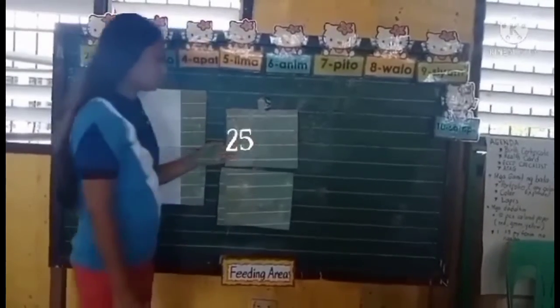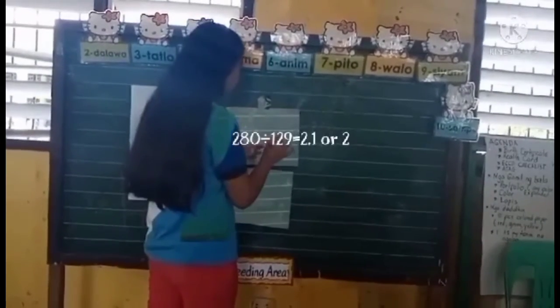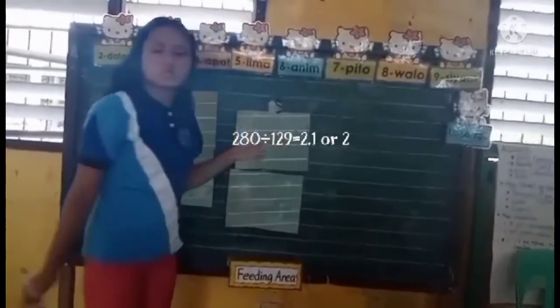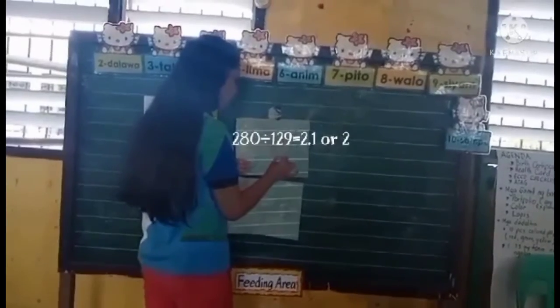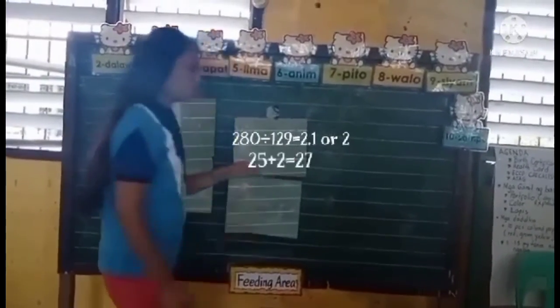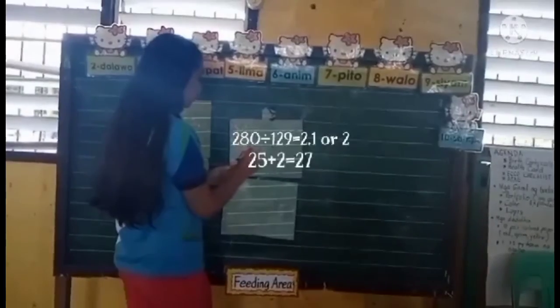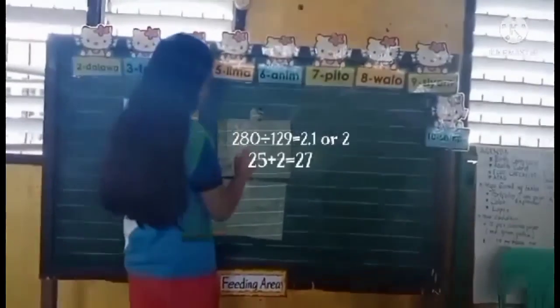And then, iti-divide natin yung 280 divide by 129. So, the answer will be 2.1 or 2. Yung 2, i-add natin sa 25. So, ang magiging sagot ay 27.